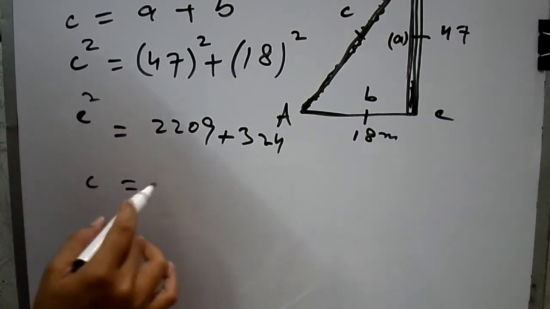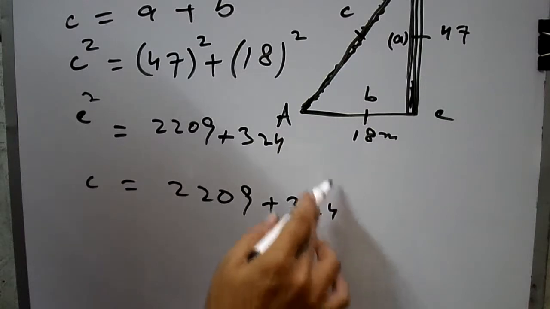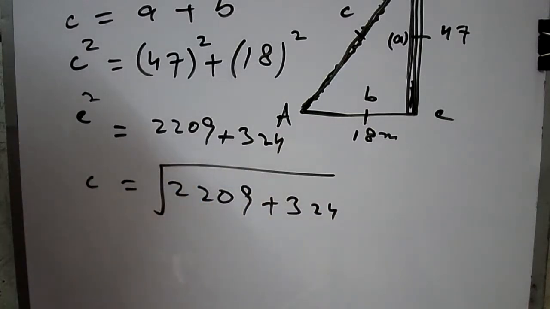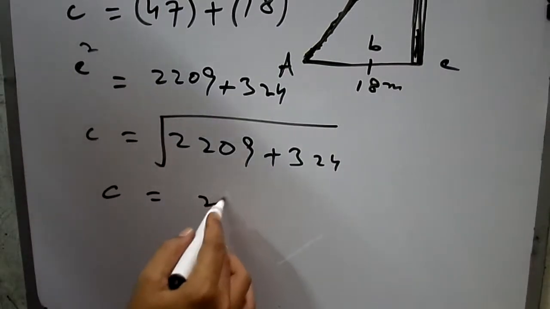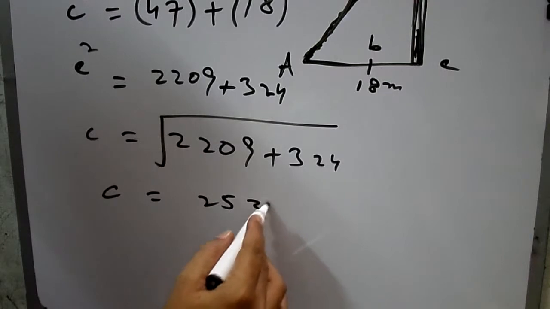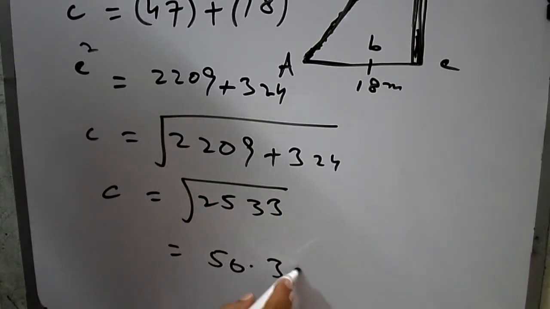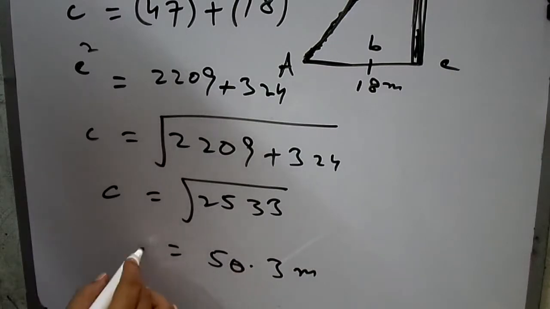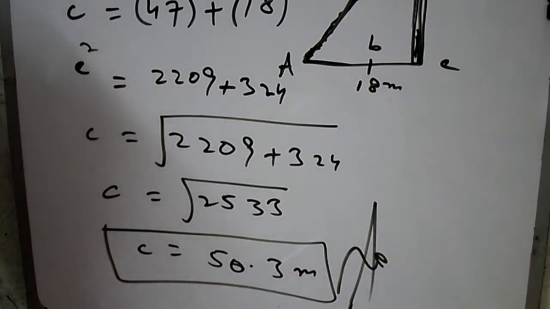But when you need the value of c, by using calculator you could simplify it, and you will get approximately 2533 under root, and the value is 50.3 meter. So that is your value of c. That is your result.